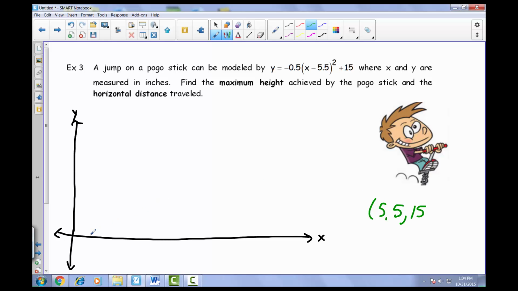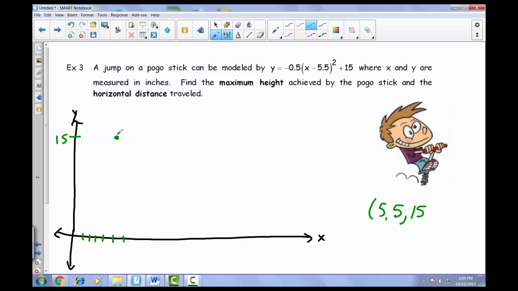So 1, 2, 3, 4, 5, and then there's 6, so 5.5 is about there. And 15 is reaching that highest point. So there's 15, and there is about that point. That would again be our vertex.